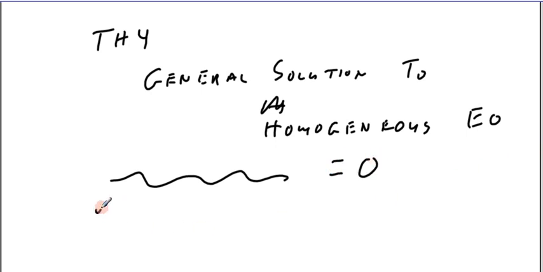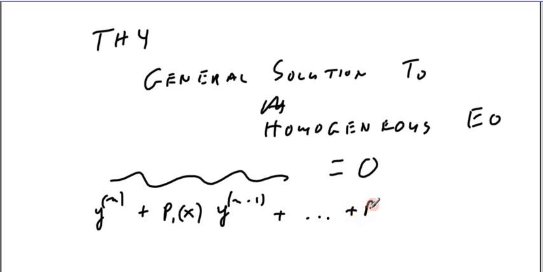So I've got y to the nth derivative plus some function of x only, p1 of x, y to the n minus 1 derivative plus blah blah blah p n minus 1 of x y first derivative plus pn of x y is equal to 0.